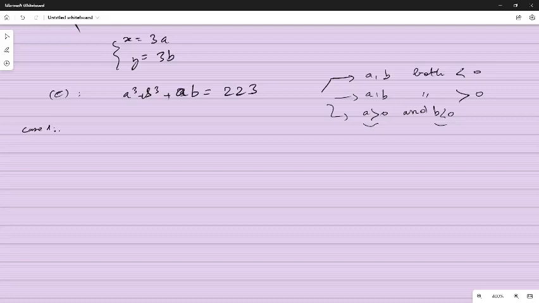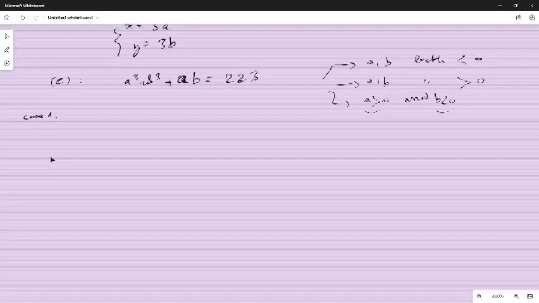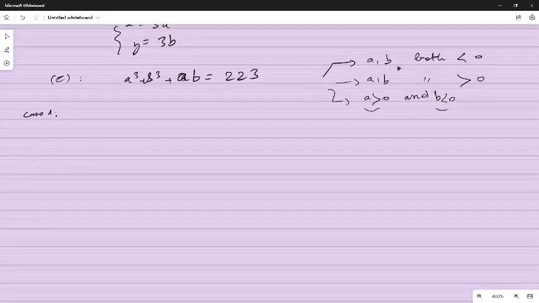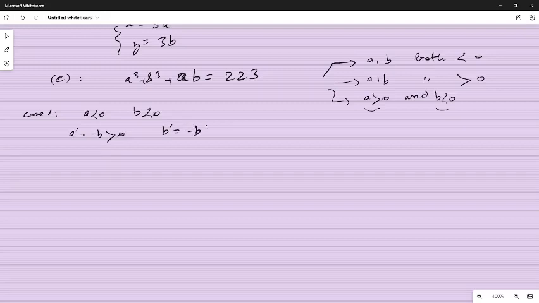So we take the first case, case 1. In this case, we have a negative and b negative. So we can put a prime equals minus a, which is positive, and we put b prime equals minus b, which is strictly positive.